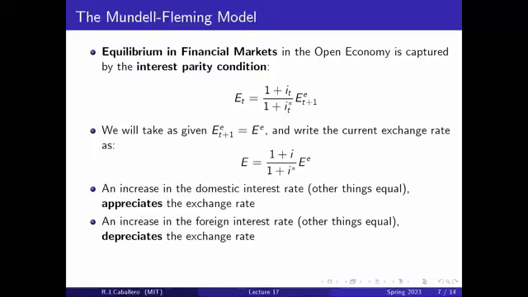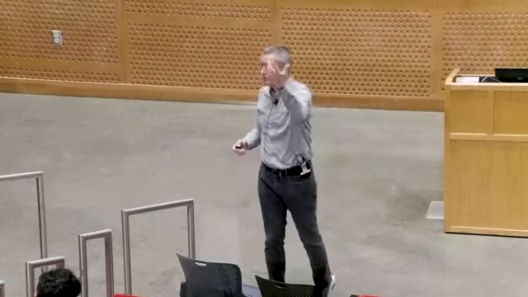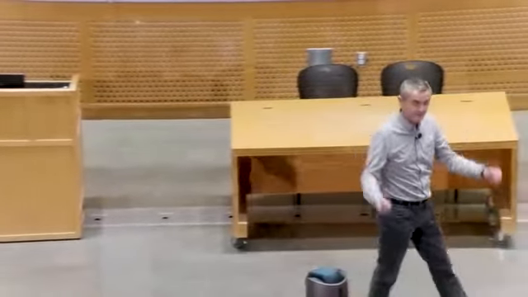But suppose we start with the same interest rate and now I increase this one, then that means the foreign bond is paying a higher interest rate than the domestic bond. I need to equalize expected returns. The only way I can do that is by having an expected appreciation of the dollar. Since the expected exchange rate is fixed here, the only way I can give you an expected appreciation of the dollar is by depreciating the dollar today. So it's the same mechanism, the same logic, it's symmetric.